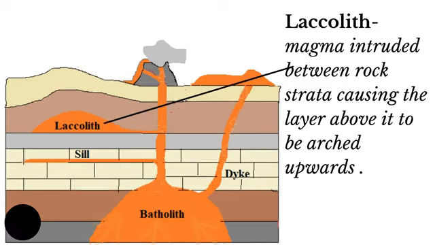Laccolith is a mass of magma which has intruded between rock layers so that when it solidifies, it causes the layer of rock above it to arch upwards.